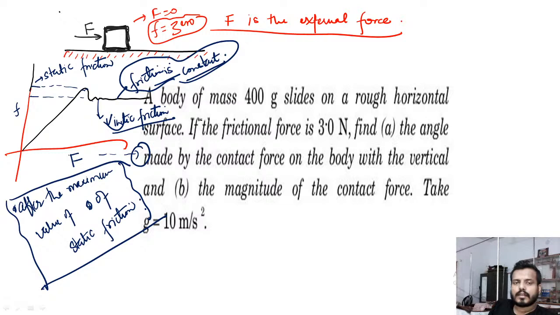So a body of mass 400 grams slides on a rough horizontal surface.